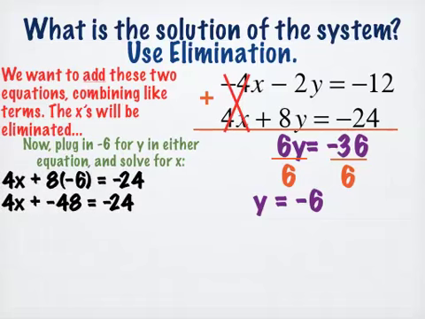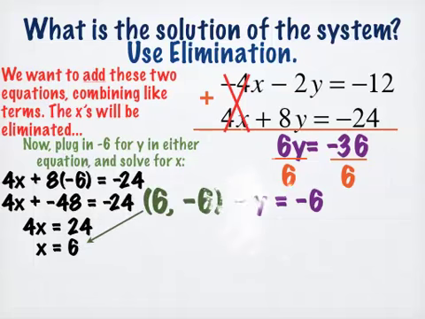To get rid of the 48, I need to add it to both sides, which gives me 4x equals 24. Divide both sides by 4 and you get x equals 6. So the ordered pair that is a solution to this system is 6, negative 6.